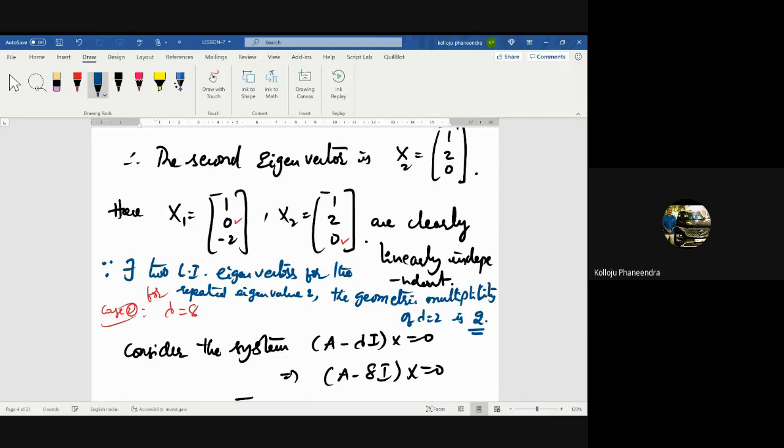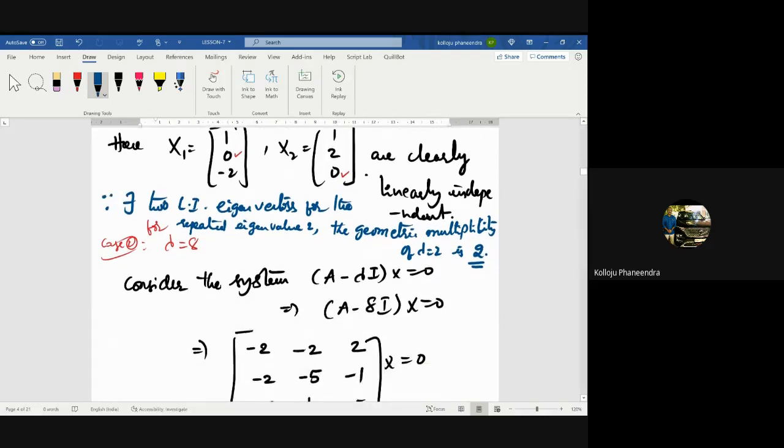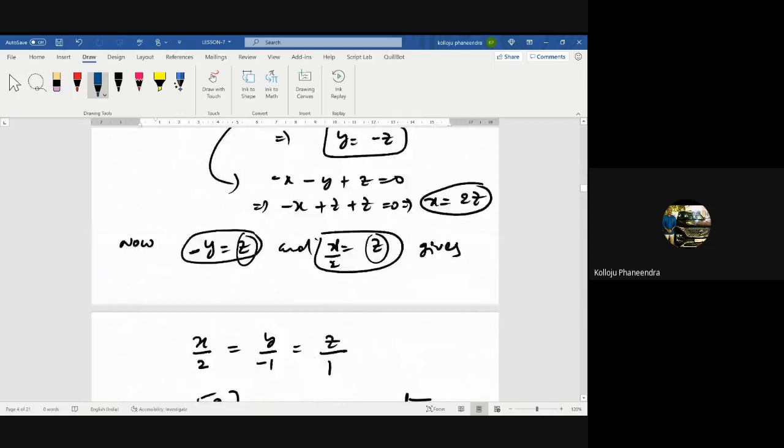If we get two linearly independent eigenvectors for a 2 times repeated eigenvalue, then geometric multiplicity is 2. Yeah, this is one model problem.